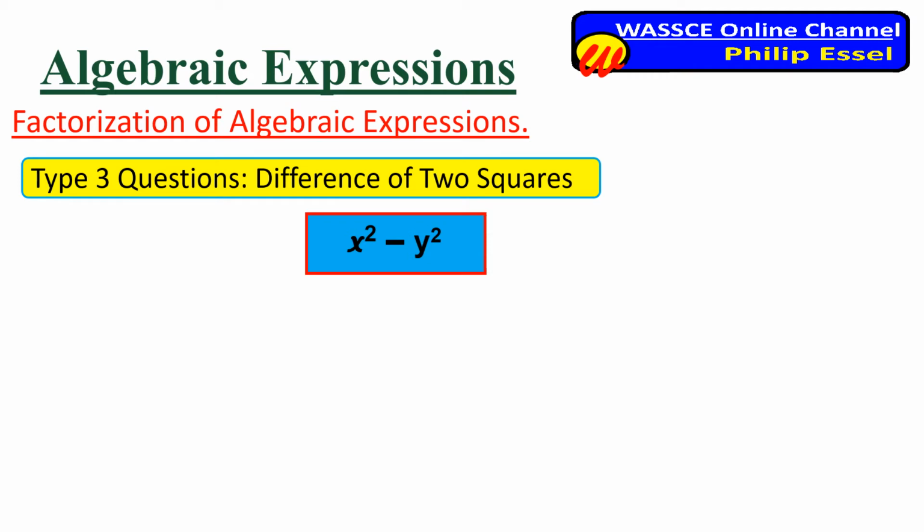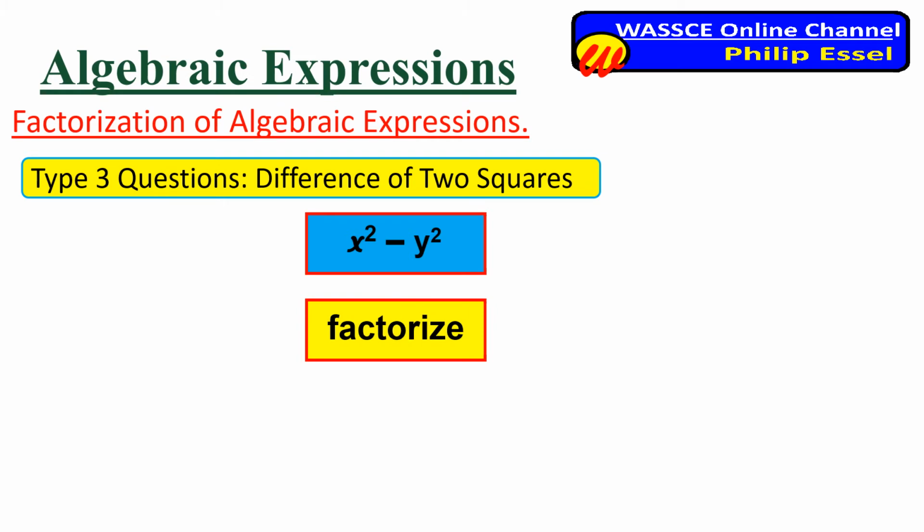I believe you know that another word for subtraction in mathematics is difference. So that is where the name differences of two squares is coming from.